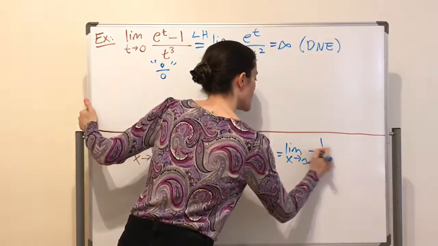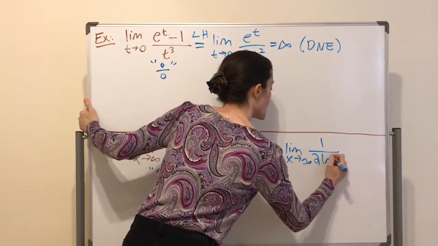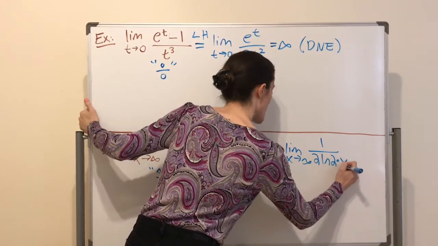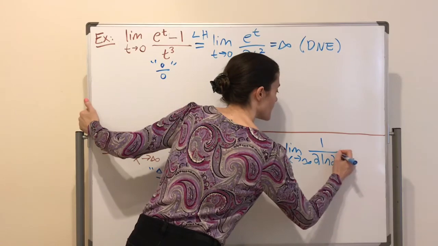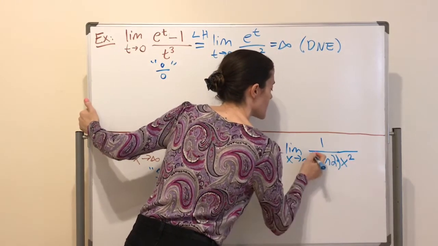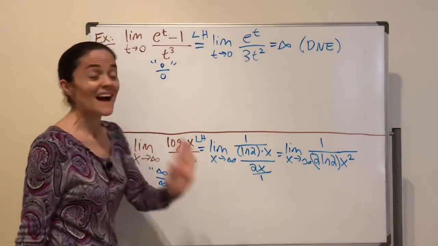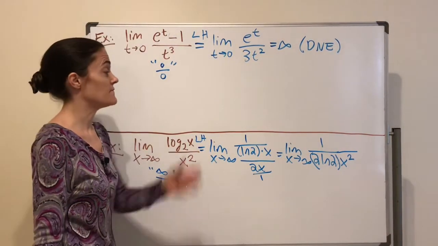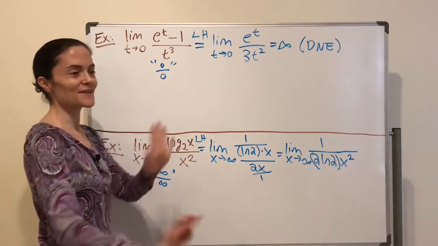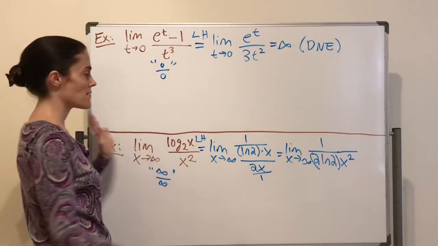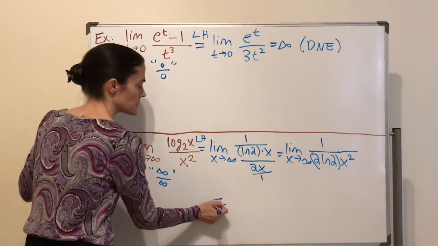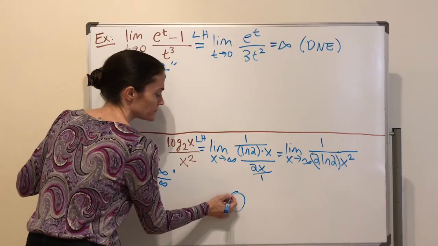So this is 1 over 2 ln 2 times x squared. Maybe I'll put parentheses like this. Now you see what's happening. Fixed numerator, denominator is growing without bound. This limit is 0.